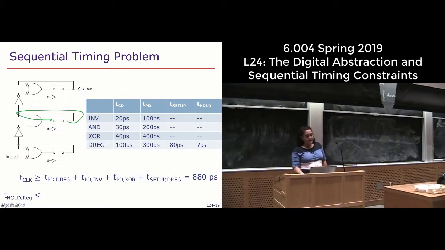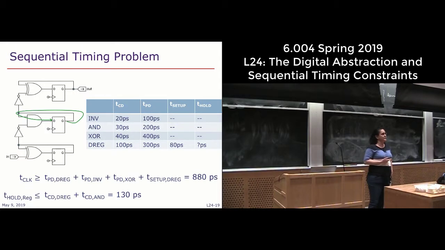So what does this tell me? This tells me that the hold time of my registers has to be less than that sum of the contamination delays. And so I can figure out that my hold time had better be less than 130 picoseconds, otherwise the circuit is just not going to work. Any questions about that?